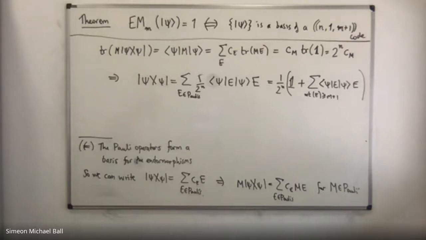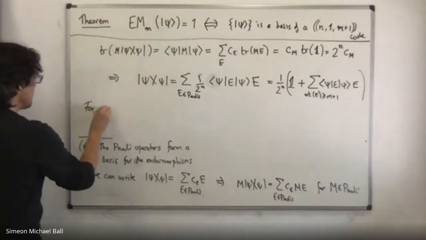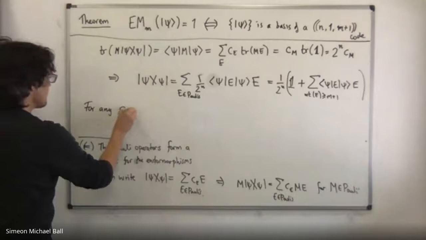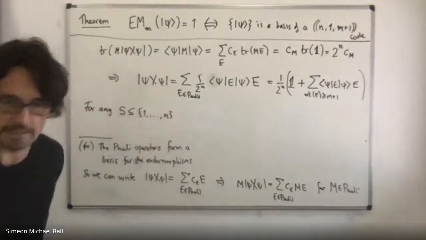Right, now for the clever bit, I think. So we need to prove that if we trace out, let's say, for any subset. Well, it's better to say this, let's say length.